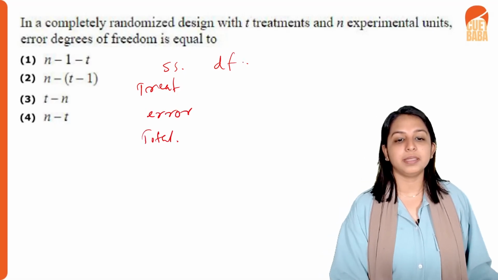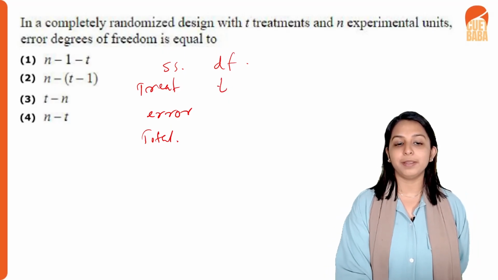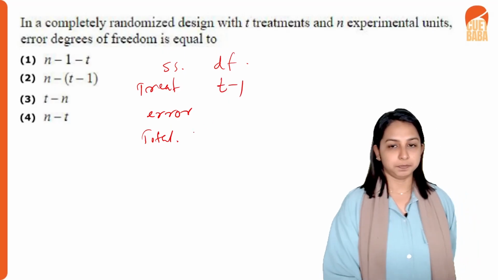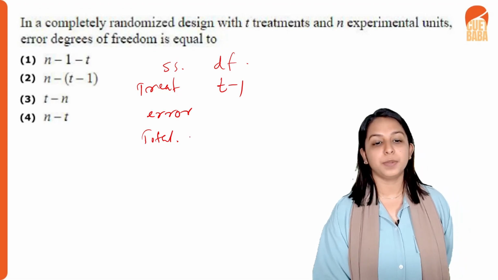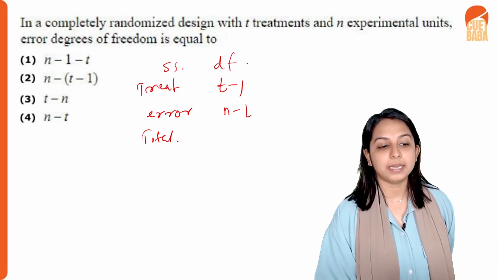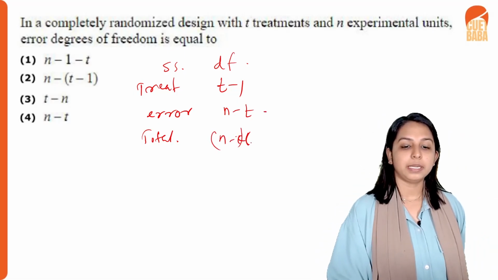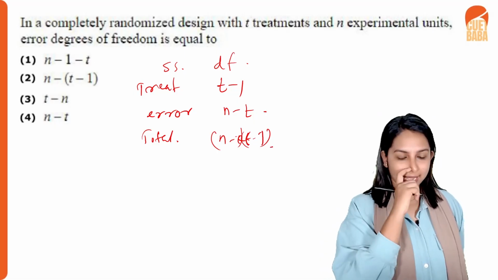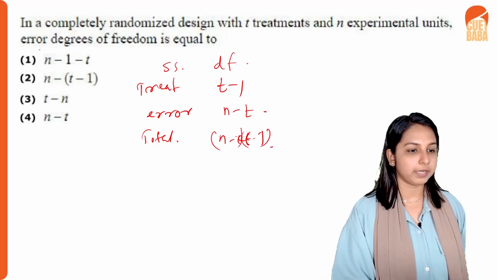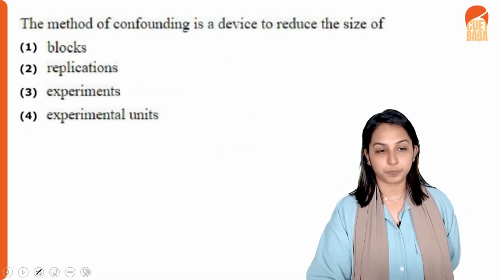Here it is given that there are T treatments, so the degrees of freedom related to treatment will be T minus 1, and there are n experimental units. So the degrees of freedom for error will be n minus T, and the total will be n minus 1. So the answer is n minus T, fourth option. The degrees of freedom for error will be n minus T.